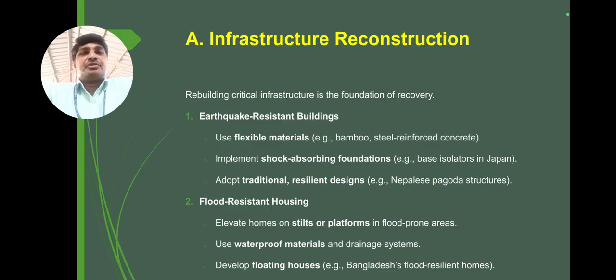For example, take earthquake-resistant buildings. Before earthquakes occur, we should strengthen the earthquake-prone areas with construction of earthquake-resistant buildings, using flexible materials like bamboo, steel reinforcement, and concrete, and strengthening buildings by using RCC. RCC means reinforced cement concrete.